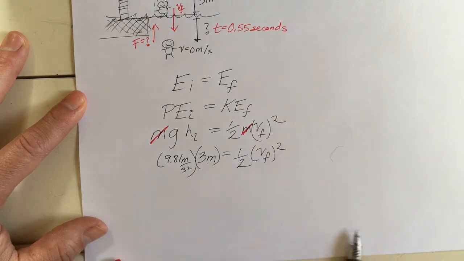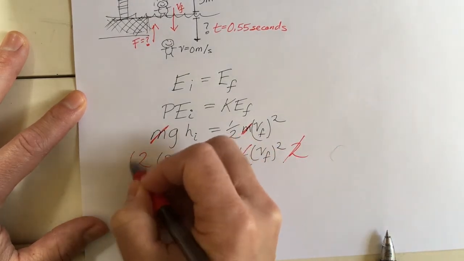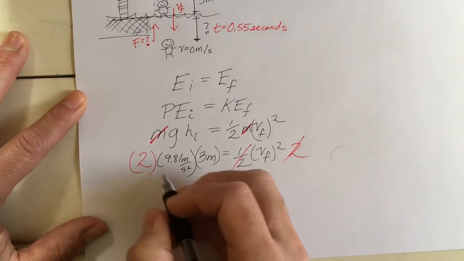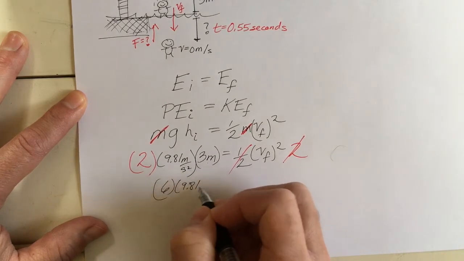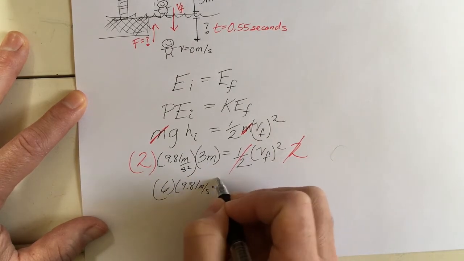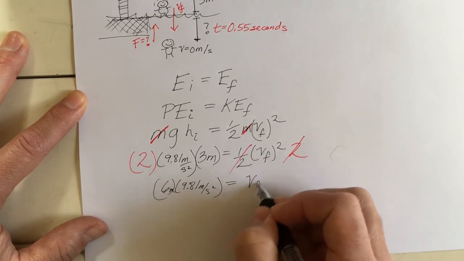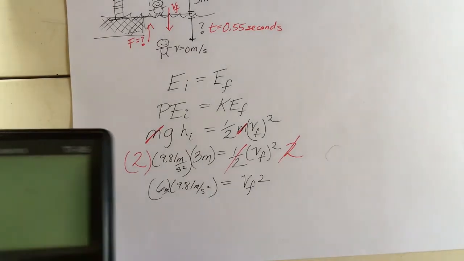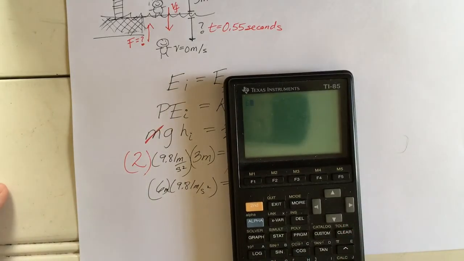All right, so we'll multiply both sides by 2. That moves that 2 over there. 2 times 3 is 6 meters. 6 times 9.81 is about 6 times 10, but let's plug it in the calculator.